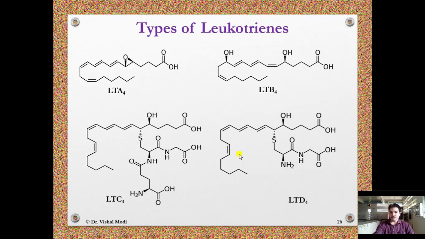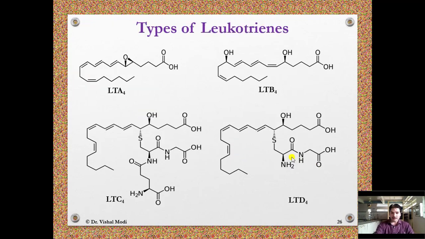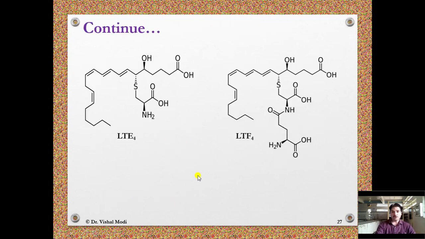The main difference between leukotriene D4 and leukotriene E4 is that there is an absence of glycine in E4, while the difference between leukotriene F4 and leukotriene C4 is that in leukotriene C4 glutamic acid is available, while in leukotriene F4 the glutamic acid is absent.